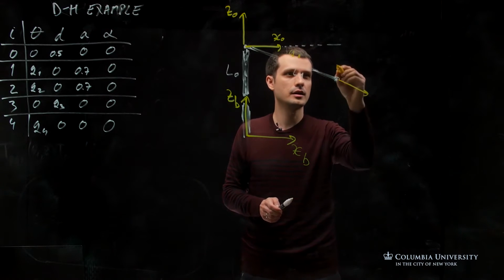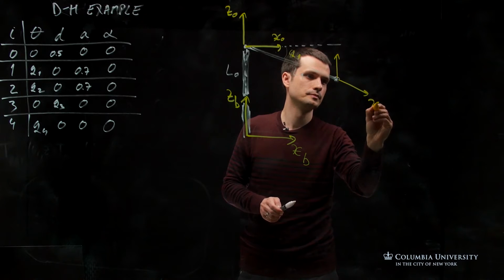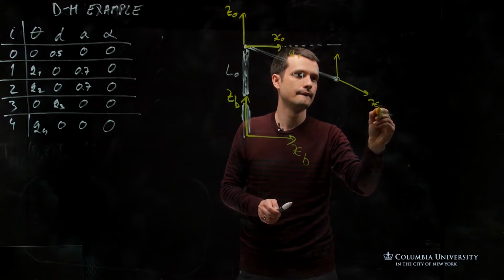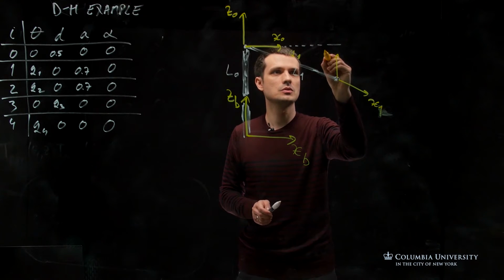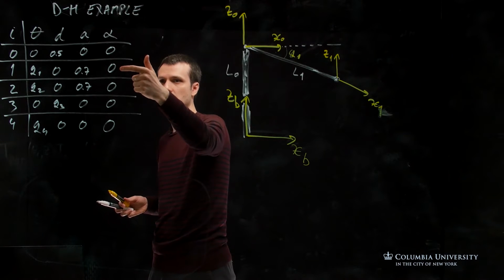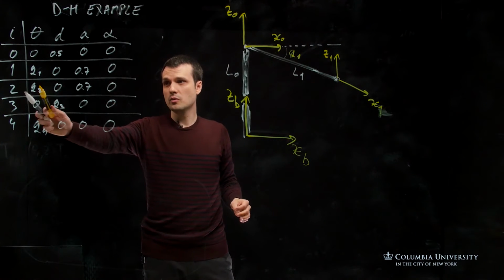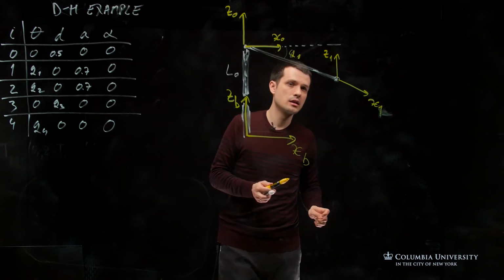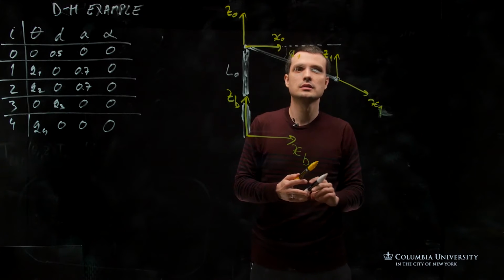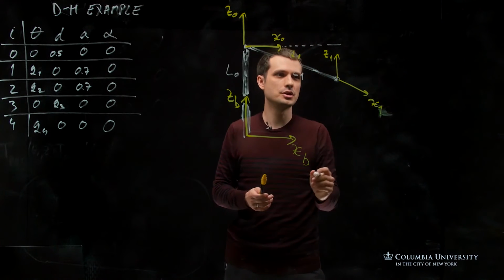We can go ahead and draw our coordinate frame. This is going to be X1, and this is going to be Z1. And we are done with this row of the table. The next one has, again, a rotation around Z. Just for clarity, I'm going to draw it going back towards the original axis.